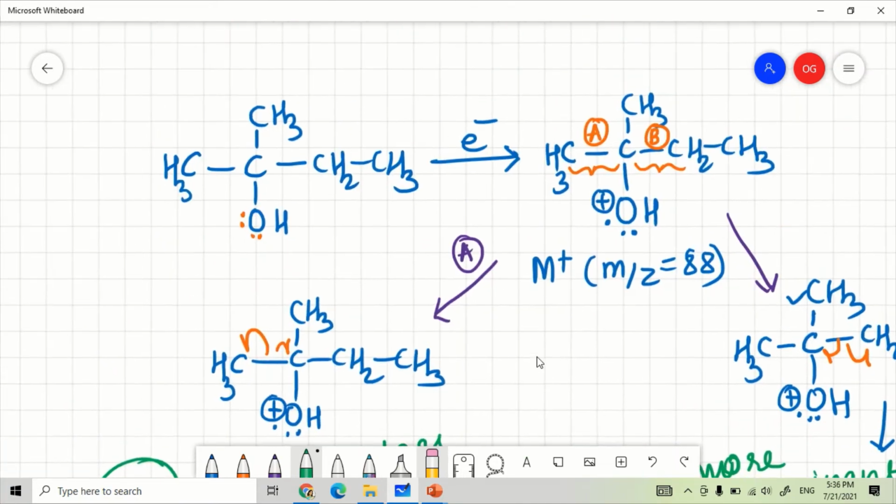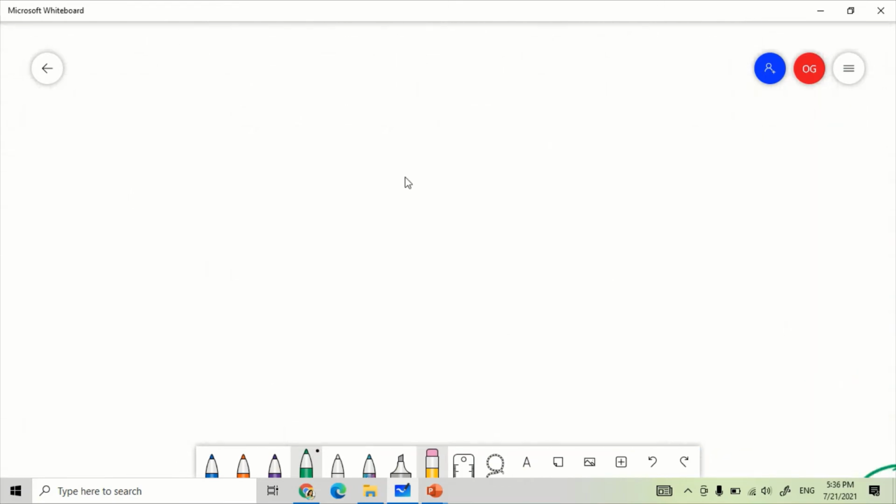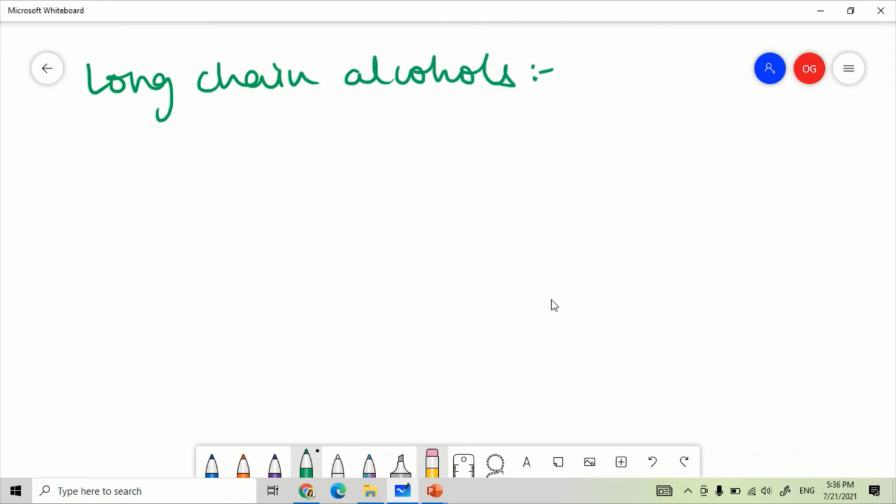Okay, and the last example which I wanted to show you for alcohols is the long chain alcohols. In long chain alcohols, as I have told you in the earlier case also, whenever there is an electronegativity difference, heterolytic cleavage can occur.